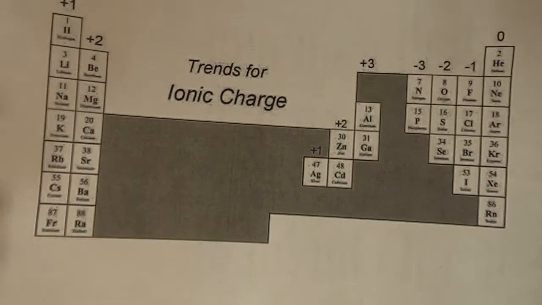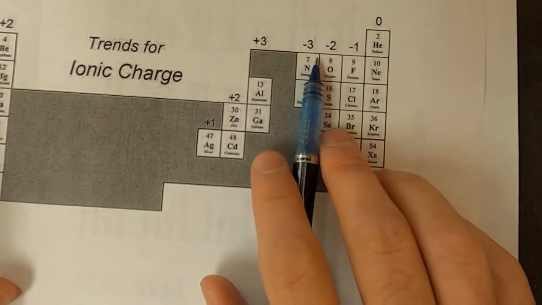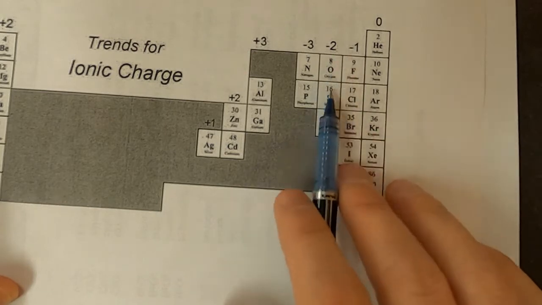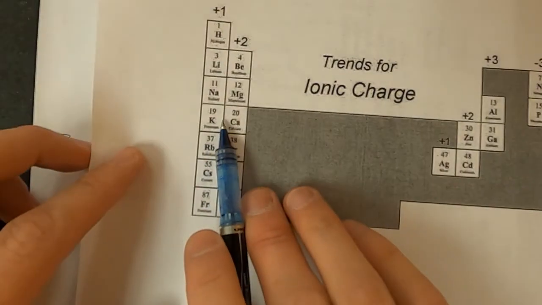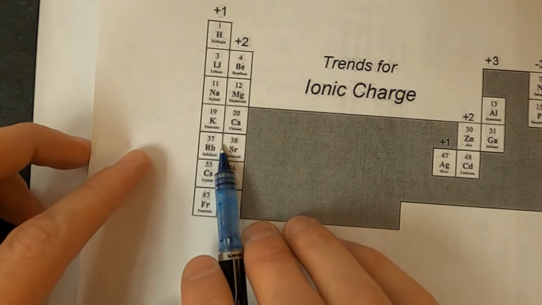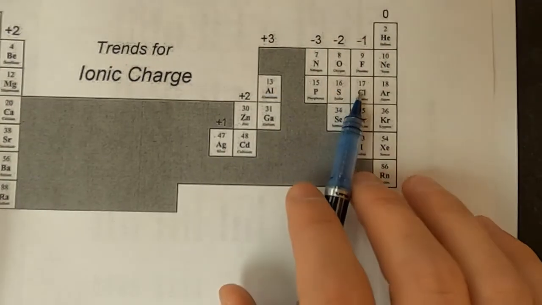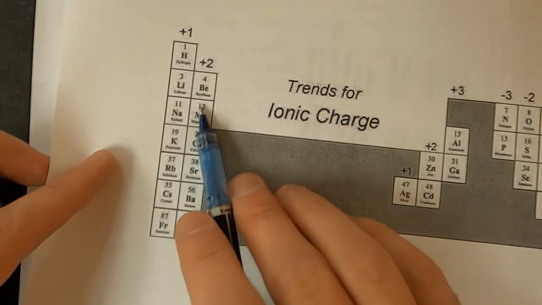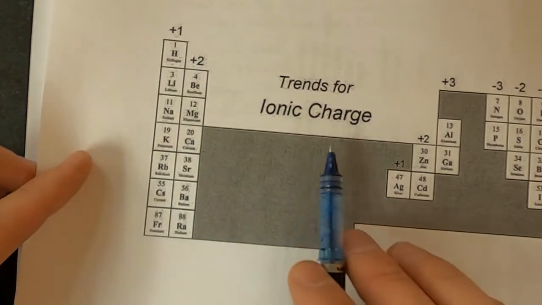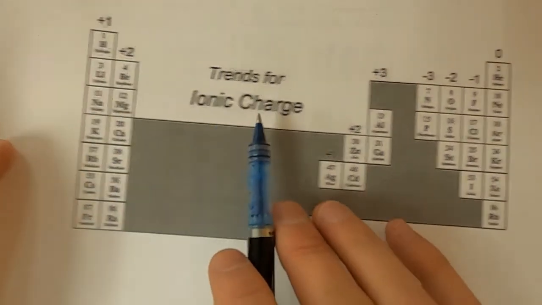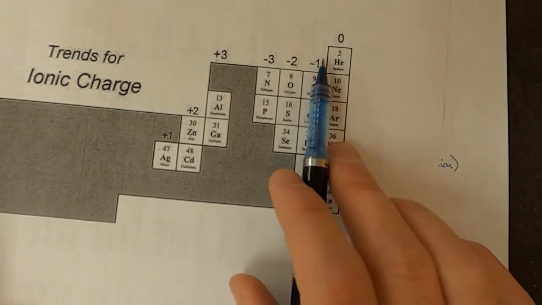Having a reference for trends for ionic charge can help you. You can see which things have negative charges in these columns, and you can see what things would have positive charges and what their positive charge would be. So for example, when magnesium pairs with chlorine, magnesium has a 2+ charge, and to balance out charge for a neutral compound, there would have to be 2 chlorines because each chlorine is a 1-.